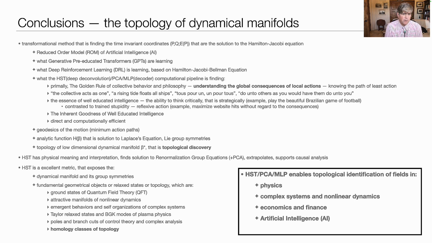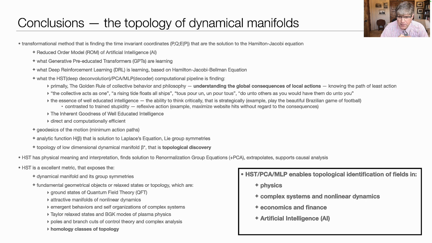But it needs to be well educated after it has the basic structure, whether that be the computer, through the way that the HST PCA MLP is coded, or through the way that evolution has made our brains. And that well-educated intelligence is the ability to think critically, that is strategically.